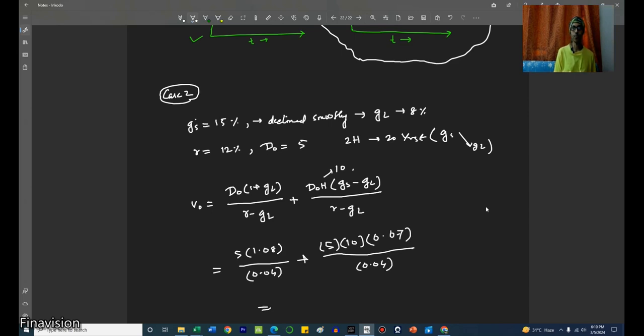So this value, let us quickly calculate. $135 plus $87.5. Therefore, the V0 is 222.5.